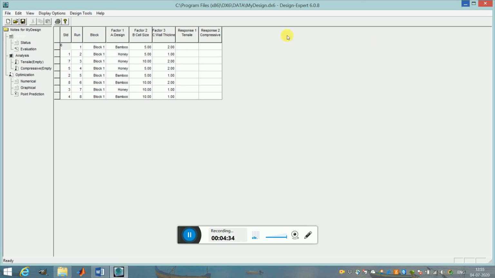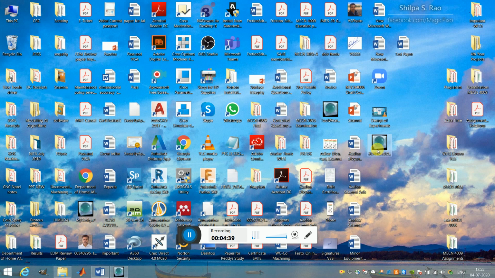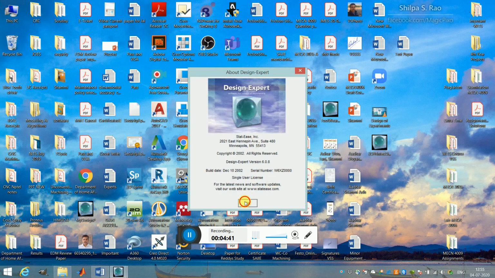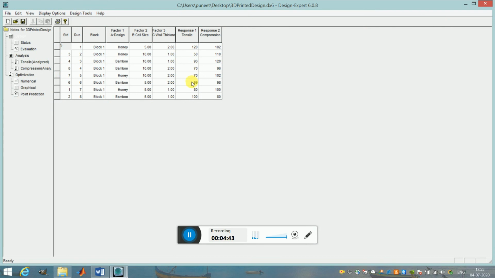I'm putting the responses randomly. I have already placed these values here. At the moment I'm putting them randomly, but you have to perform the experiments, and then you put those values here in this table. Okay, now I have to do the analysis.